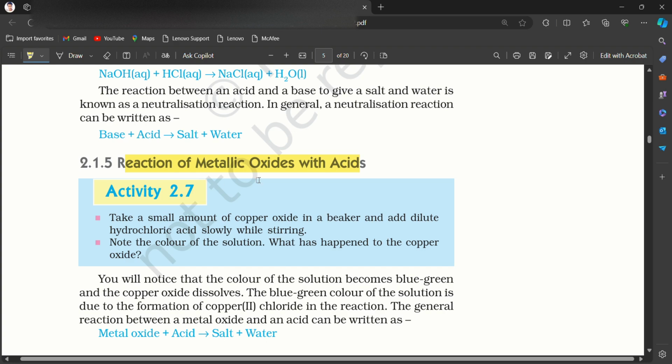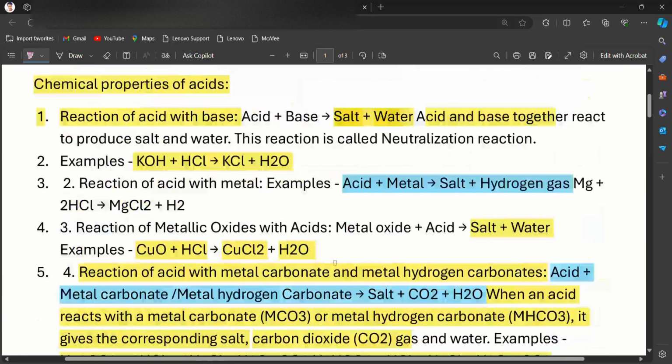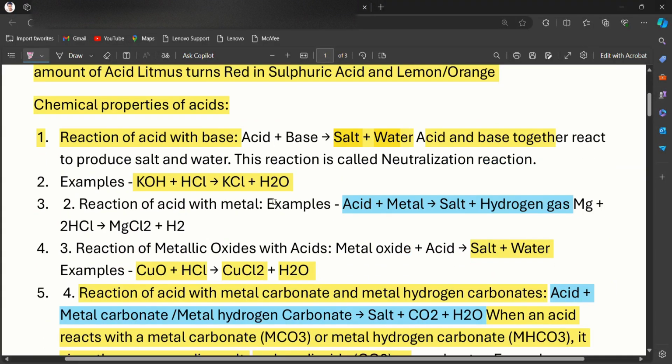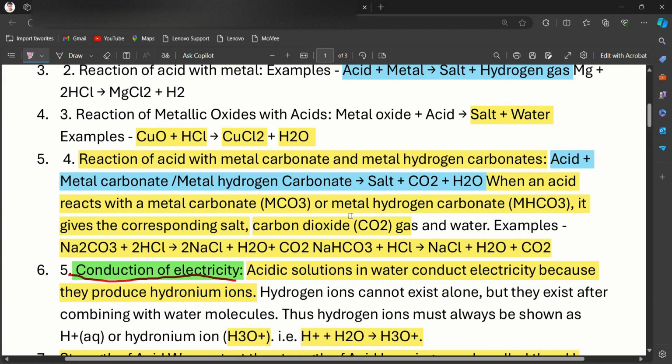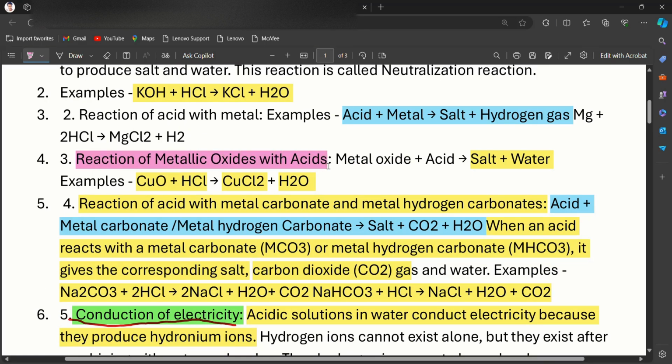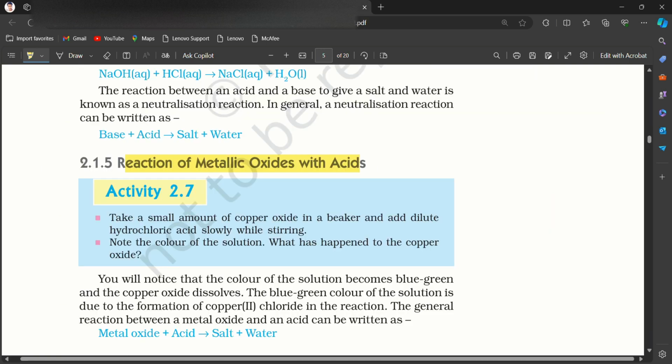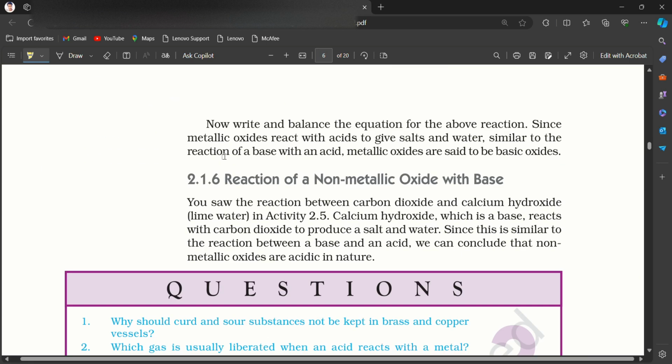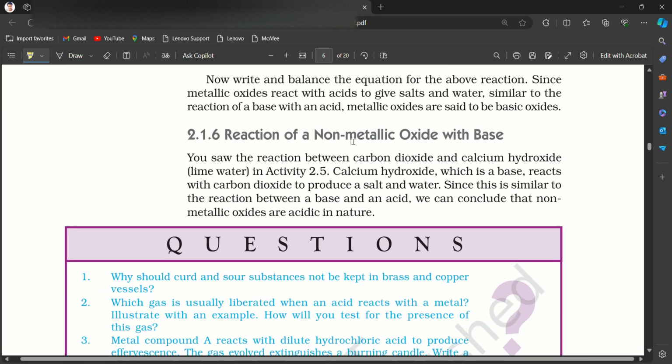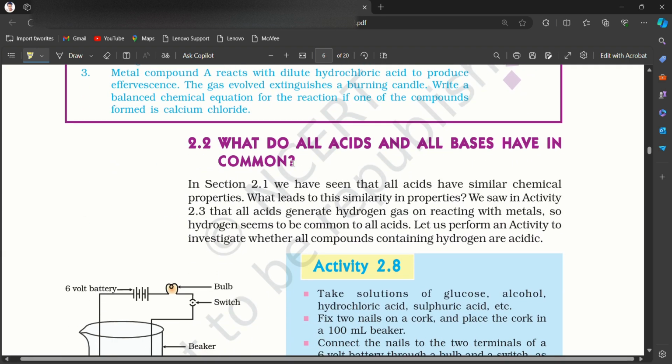Reaction of metallic oxide with acid. Metallic oxide, that I've also covered in that topic. You can see here the reaction of metal oxide. Okay, so we studied a lot. Reaction of a non-metallic oxide with base. We also covered this. What do all acids and bases have in common?